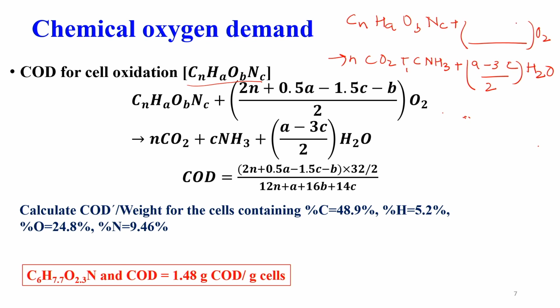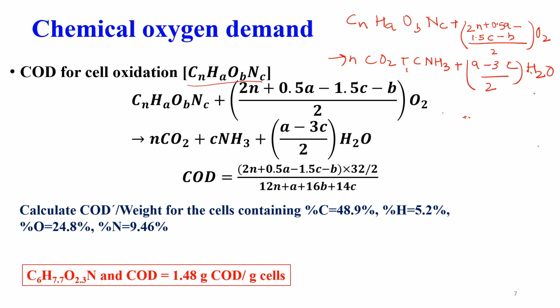And the stoichiometric coefficient for oxygen: this will be 2n plus 0.5a, then for c this is minus 1.5c, and for b this will be minus b, all divided by 2.